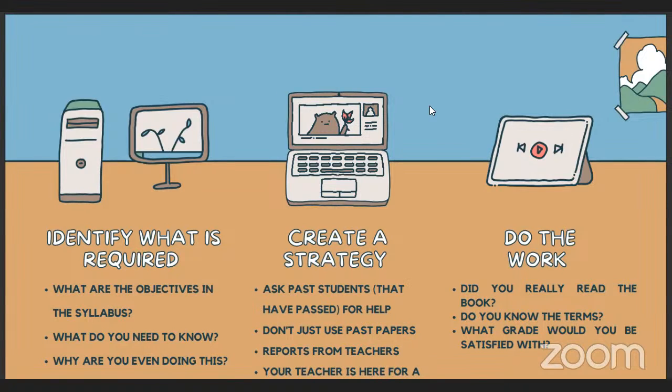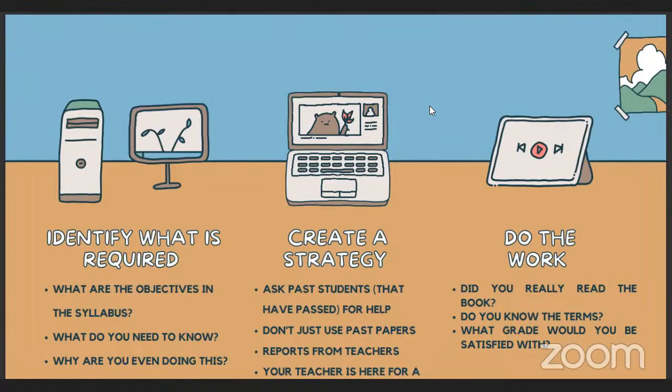So in creating a strategy, you want to talk to persons who would have already achieved what you want, persons who have actually passed, and not just persons who have passed through. If what you are required to do is pass, or what your goal is to pass, of course, talk to somebody that just passed.